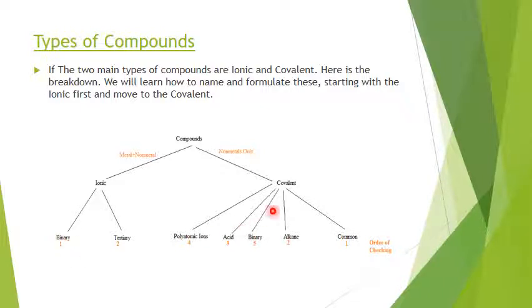So we'll do covalent first because you're going to have to put your nose to the grindstone and study these. And ionic, you're going to need some help studying it. And I have a program that will help you study these and practice these, as well as the covalents.